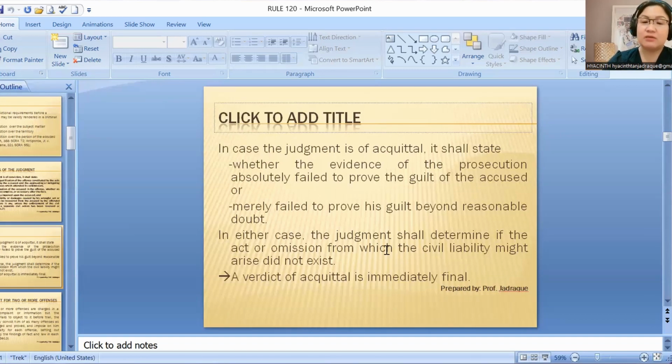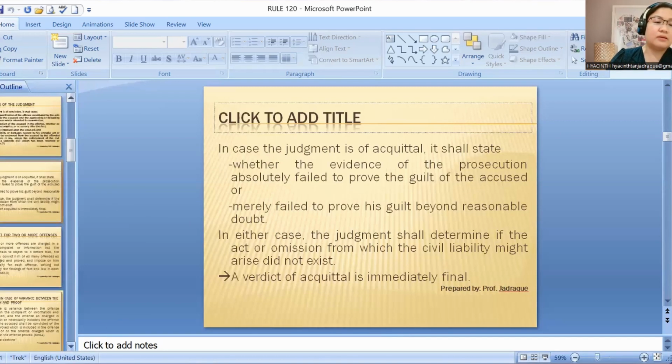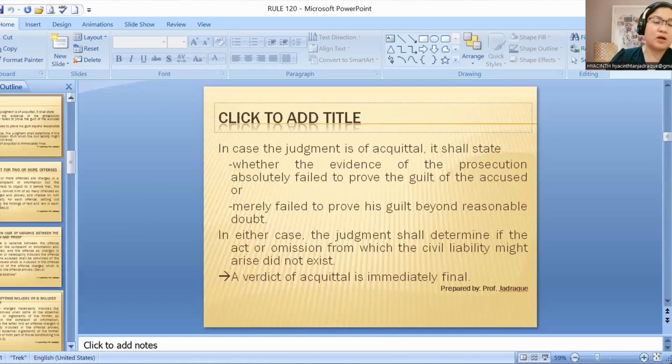Okay, immediately final. Meaning to say, can that acquittal be the subject of appeal? General rule, it is not subject to appeal. Okay, the state cannot appeal a verdict of acquittal on the accused.